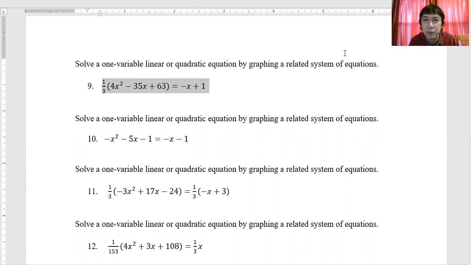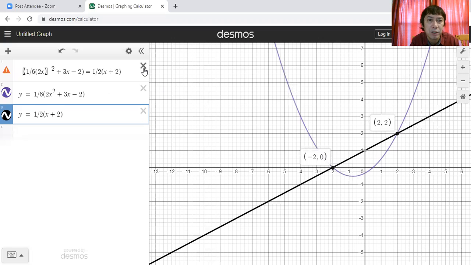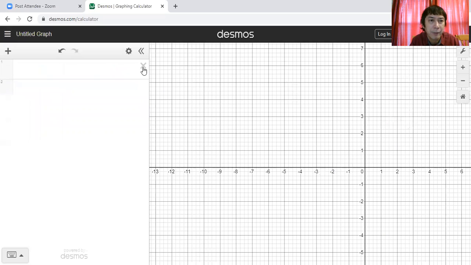Let's proceed to our Desmos screen. We'll clear this out and then paste the next number. Here it is.